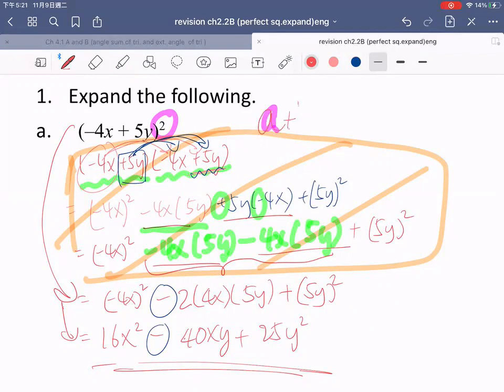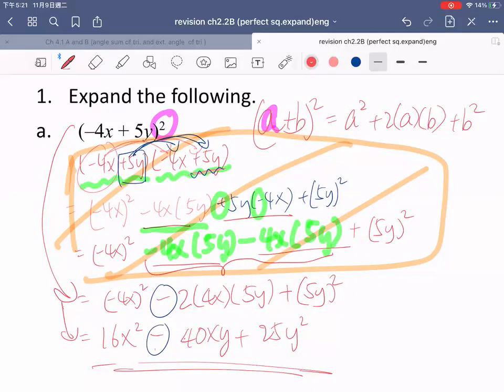Which is a plus b bracket squared, and then a squared plus 2ab plus b squared, right? And this time, what is a? A is negative 4x, and what is b? 5y. Okay, so we have a plus b bracket squared is a squared plus 2ab plus b squared.